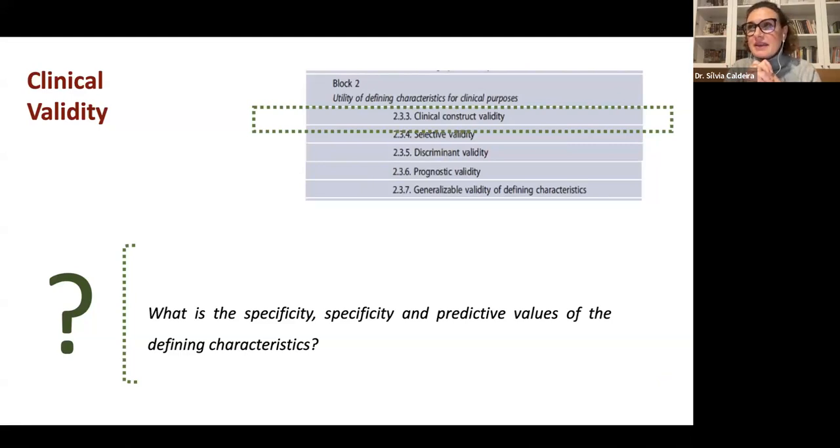And I think these were the most frequent studies that have been done in the last years using Fehring's model, looking at the predictive, specific, and sensitive defining characteristics of each nursing diagnosis. This is very interesting and very useful, because some nursing diagnoses don't have many studies, and it's a good starting point for those nursing diagnoses.